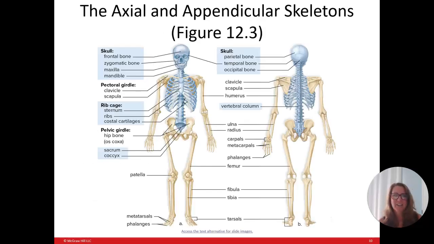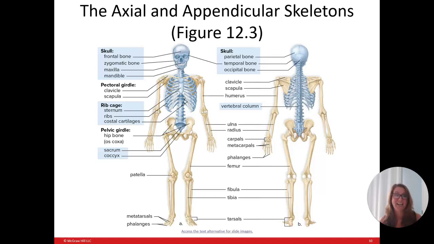Okay, now getting on to something a bit easier. Now we are going to take a look at the anatomy of the skeleton, and we have really two different parts: the axial skeleton and the appendicular skeleton. In this figure, what has been highlighted in blue are all bones that are part of the axial skeleton.